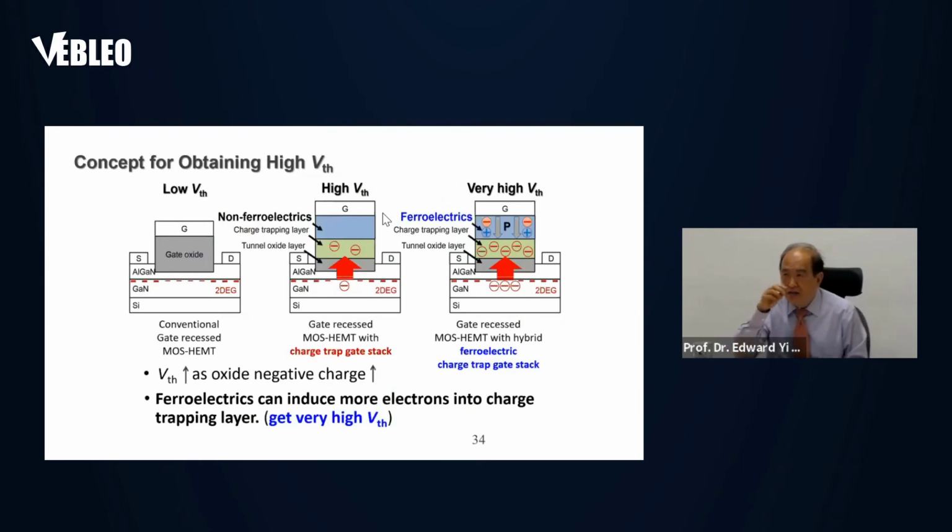And in this approach, the ferroelectric material is put between the charge trapping layer and the top gate layer, and this ferroelectric layer will provide a polarization in the material, and the polarization will induce an electric field which opposes the electric field you apply to the gate. In that way, you have to apply a higher gate voltage to turn it on.